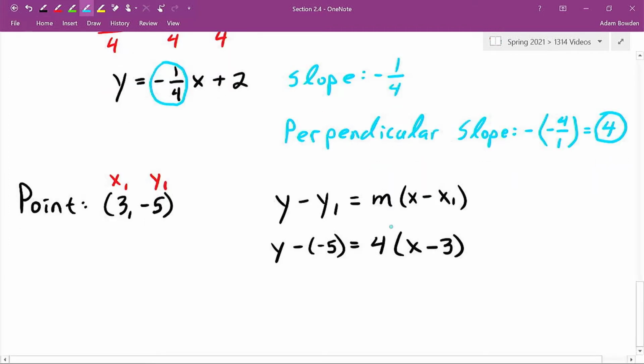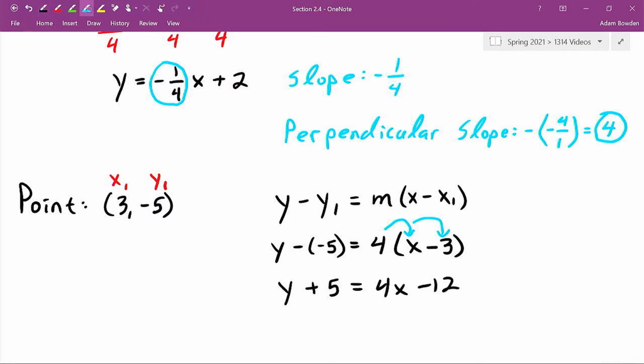So we'll distribute the 4 here. This is going to turn into y plus 5 equals 4x minus 12. We can subtract the 5 over from both sides and have y equals 4x minus 17.